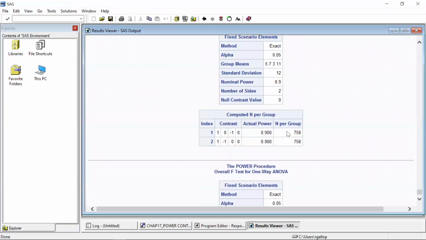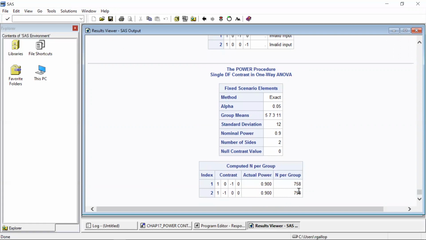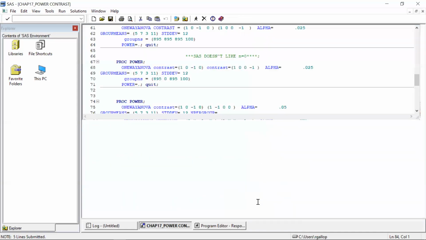Now, the big thing here is the reason we had 758 for both is because mu1 compared to mu3 differs by 2. Mu1 compared to mu2 differs by 2. So when the difference is the same size, we get the same sample size.